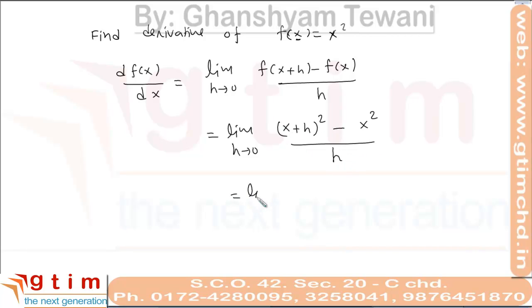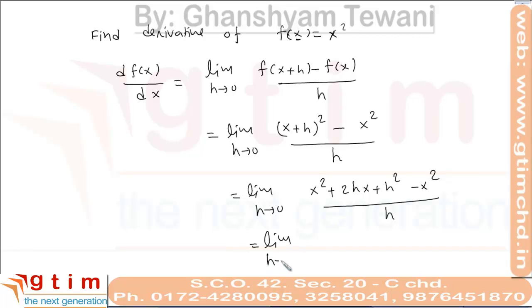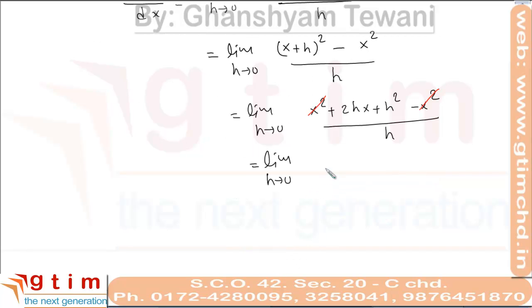Then we have the limit as h tends to 0. If we expand this, we have [x square plus 2hx plus h square minus x square] upon h. Then we have the limit as h tends to 0, this x square cancels out, and we have 2x plus h.